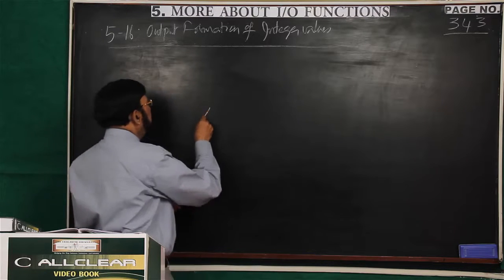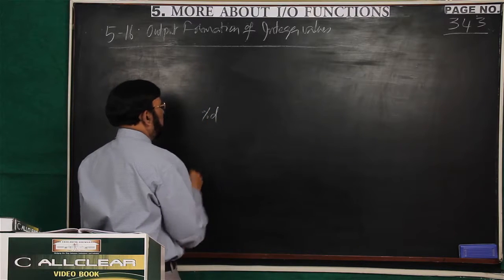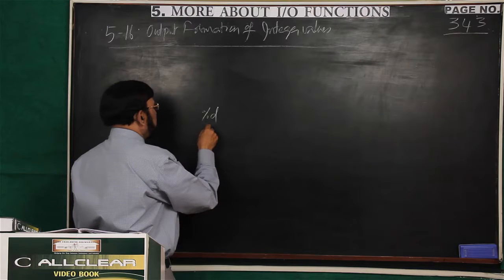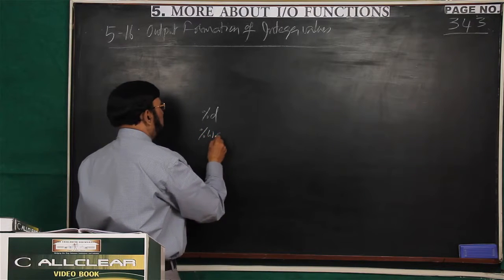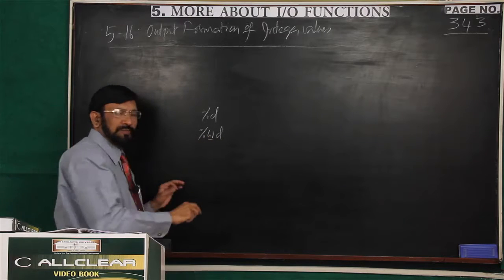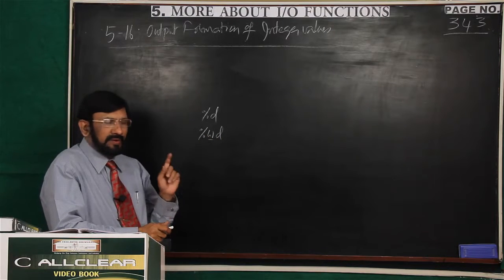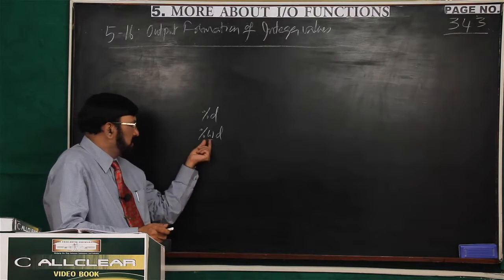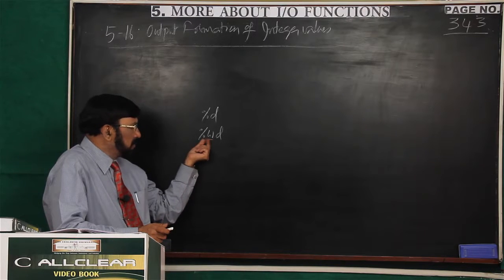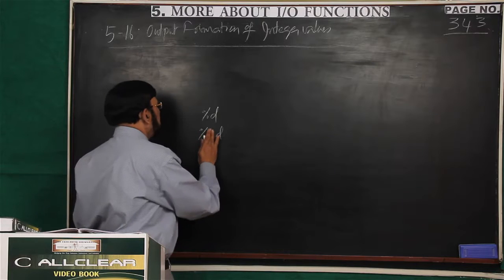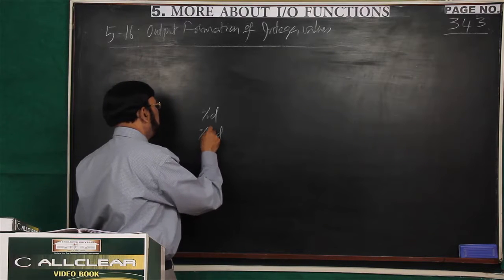And for writing an integer value, we write %d. Then there is an optional w, %wd. W represents width. Width is always an integer value, and you can insert it. Suppose you have inserted 5.